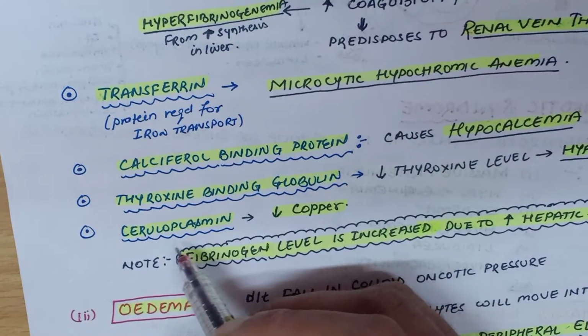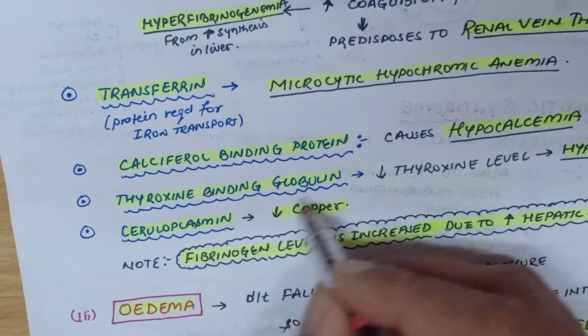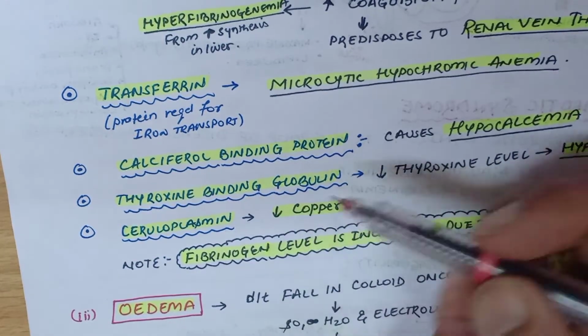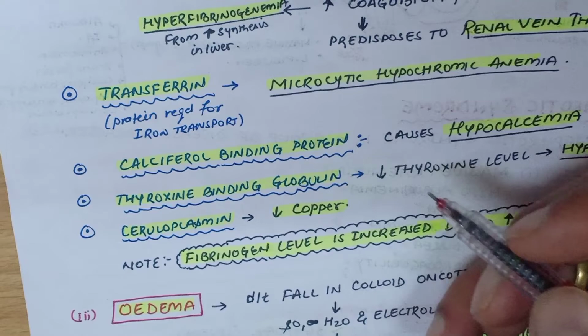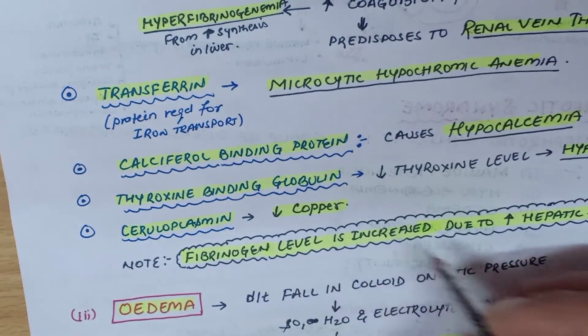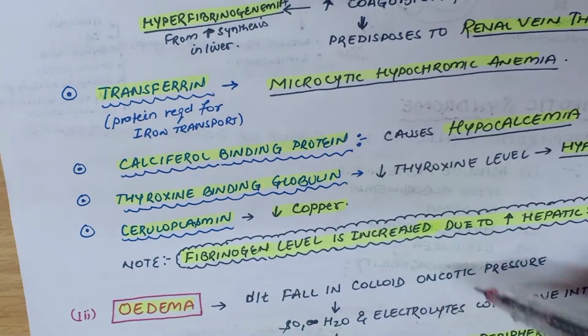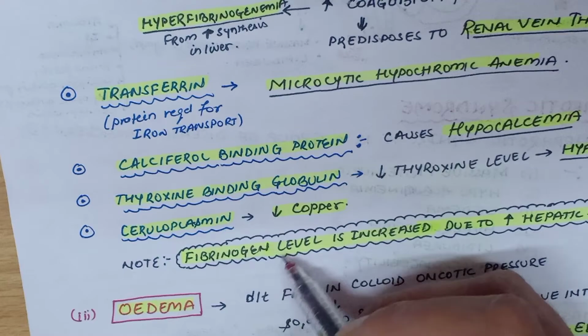Loss of ceruloplasmin will result in decreased level of copper in the blood. So we see that most of the proteins are getting reduced, but the fibrinogen level is increased due to increased hepatic synthesis.